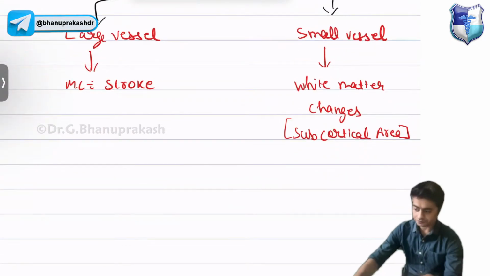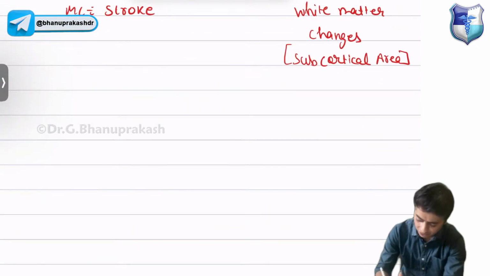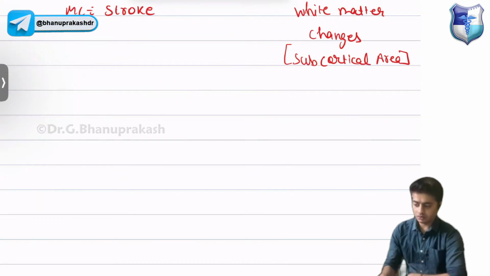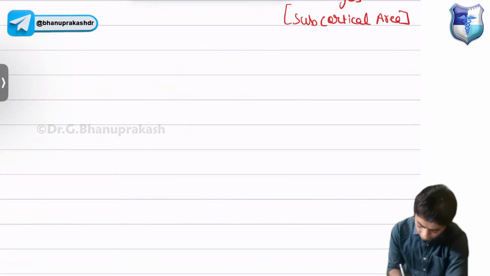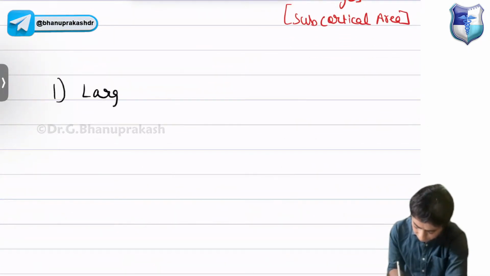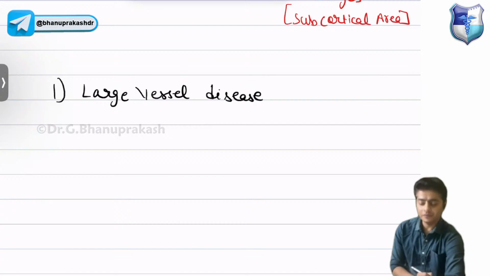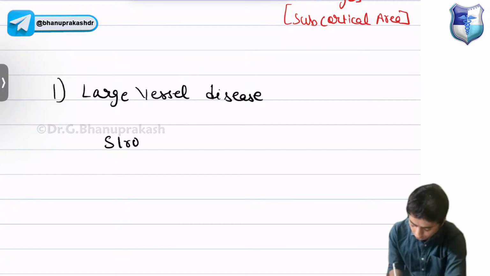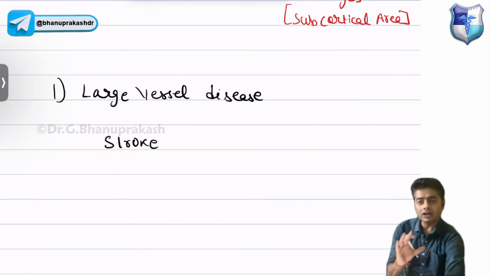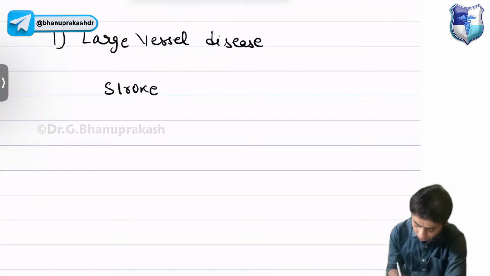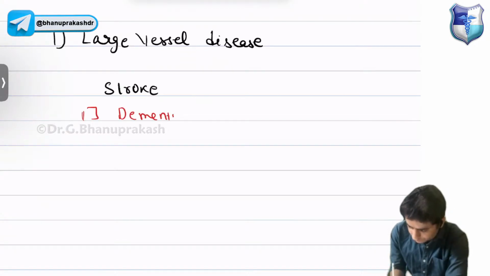Okay. Now, first we'll study the large vessel stroke. Large vessel disease. Okay? It is generally due to a stroke. So what are the characteristic features of large vessel stroke? It is dementia.